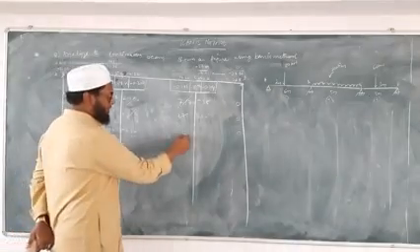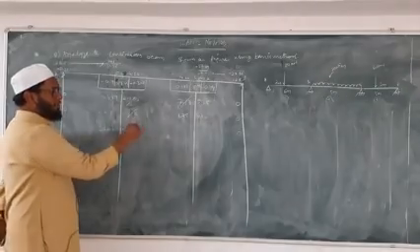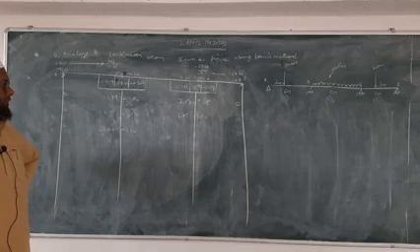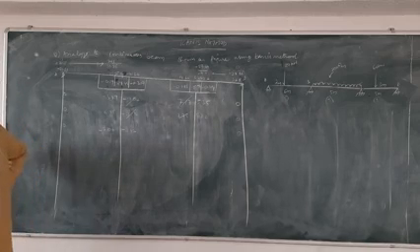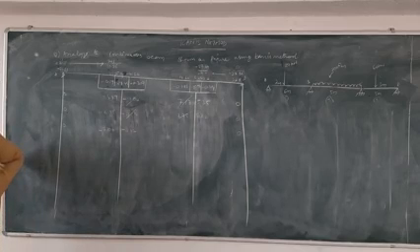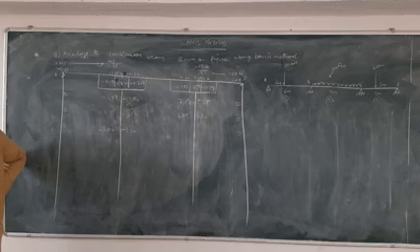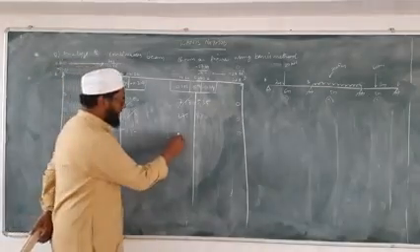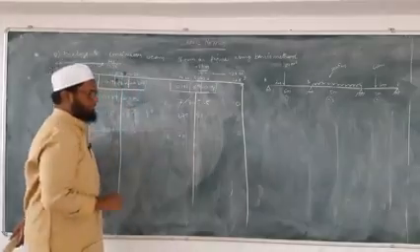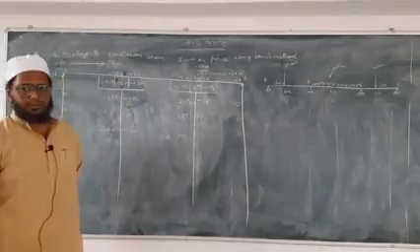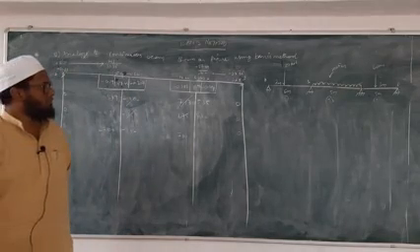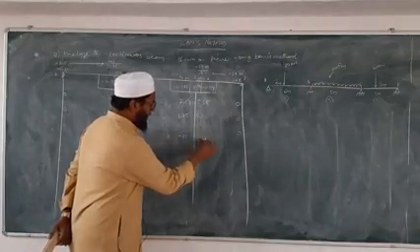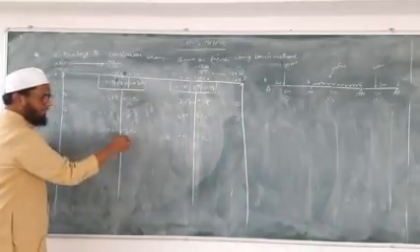Now calculate these two values with the help of the previous value, 11.42, 15.98 into 0.285, giving 7.80. Another value, 5.86. While calculating these two values, we have used this one.